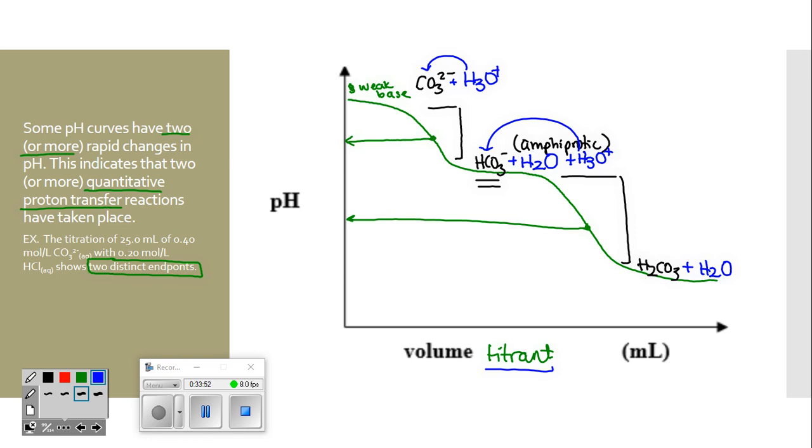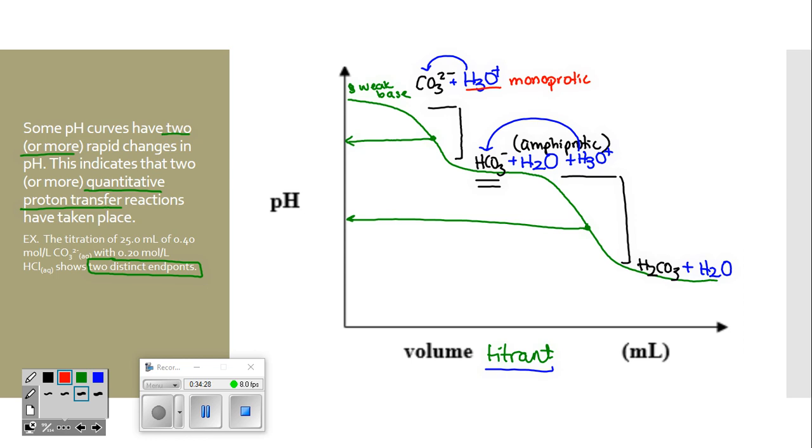So if I had to use some vocabulary words to describe these substances, I would call hydronium monoprotic. Mono means one. Things that are monoprotic can accept or donate one hydrogen. CO3 2-negative is a weak base that will eventually react to accept hydrogen ions twice.